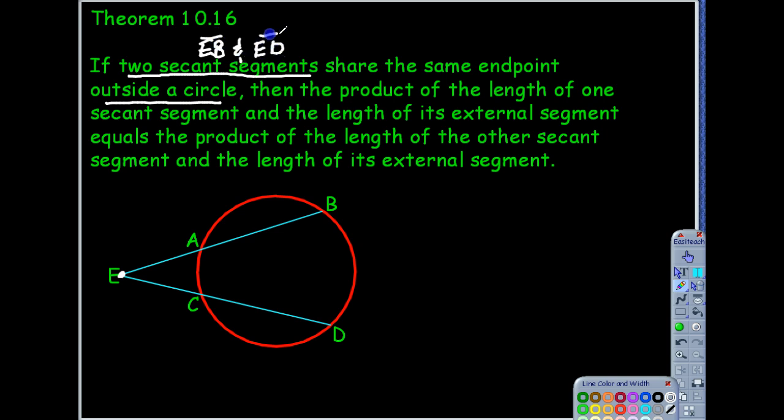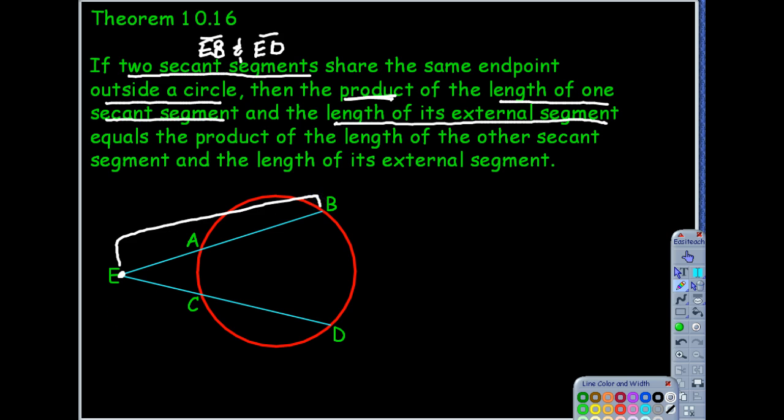Now, when that happens, the product, and product is multiplication, of the length of one secant segment and the length of its external segment. So I would be talking about maybe EB, the whole length, times just the external part, which would be EA.